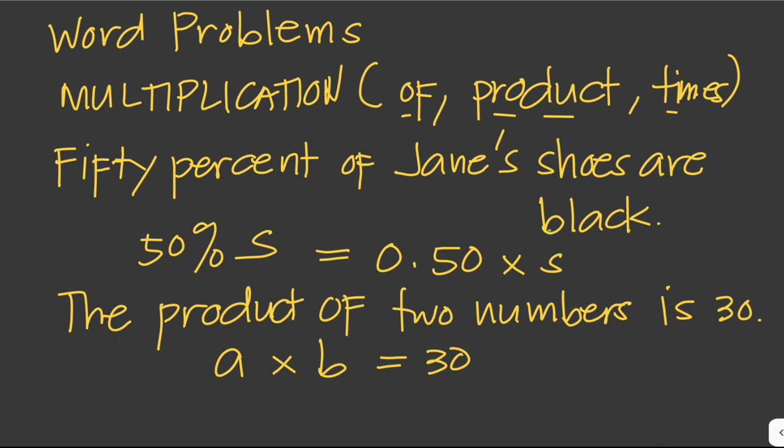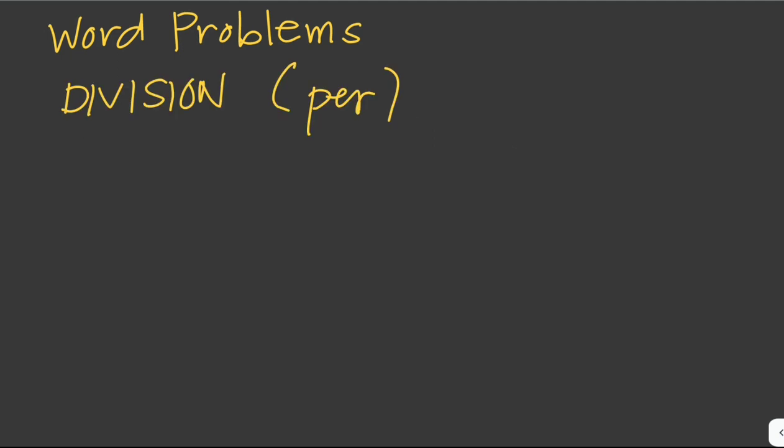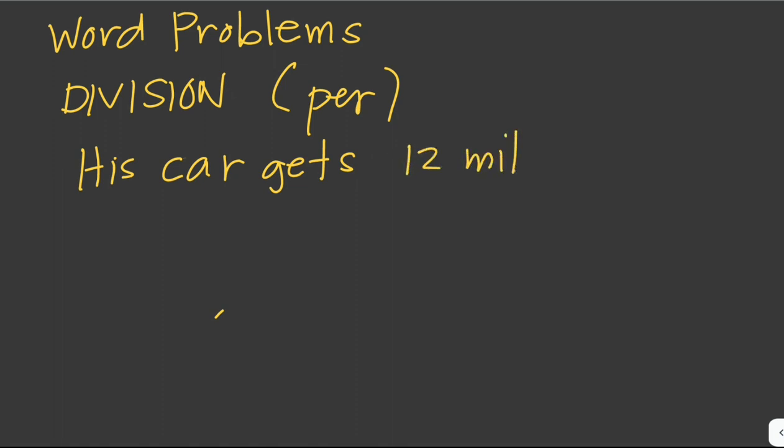And then for division, okay, for division the keyword is per. Let's say for example, his car gets 12 miles per gallon.